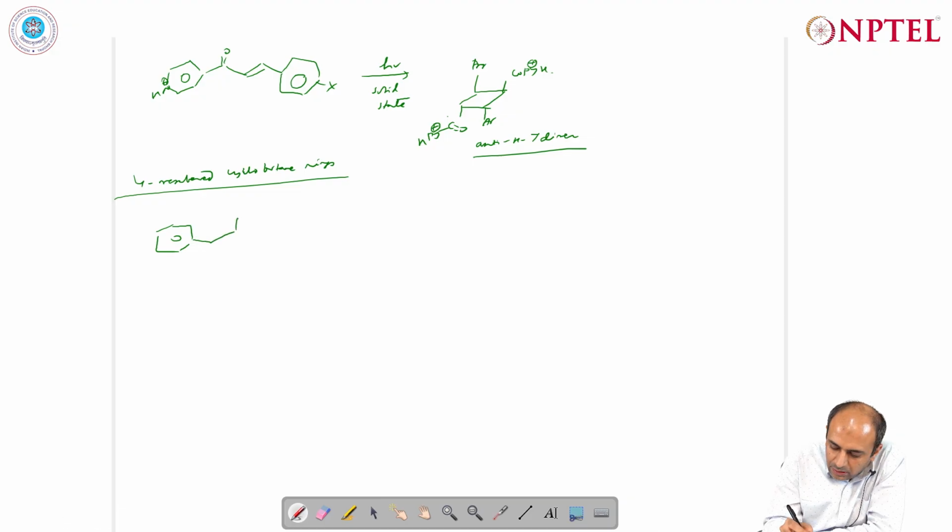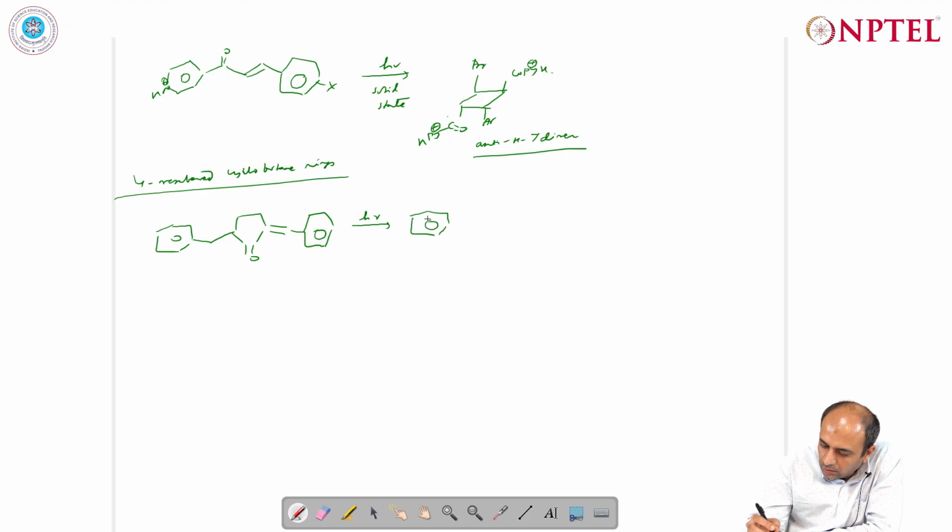Let us take this particular reactant, and it has been observed now that it undergoes dimerization.